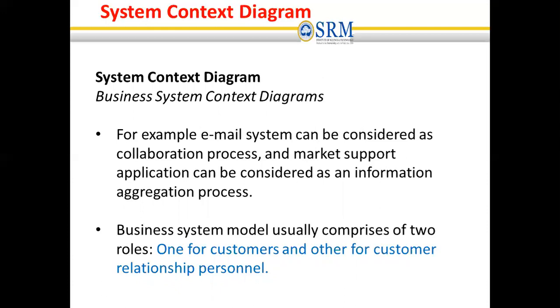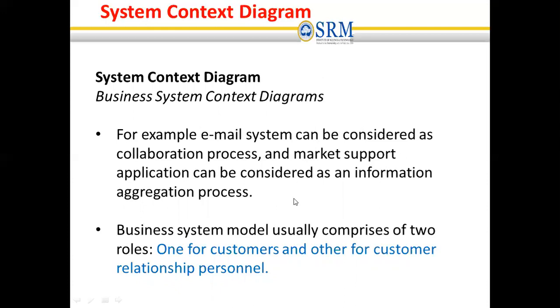A customer account management application can be considered a self-service process. An email system can be considered a collaboration process, and market support applications can be considered an information aggregation process.